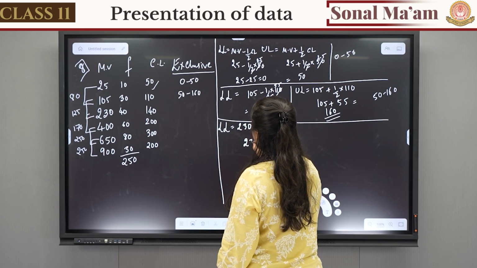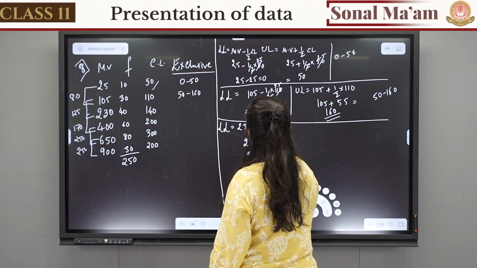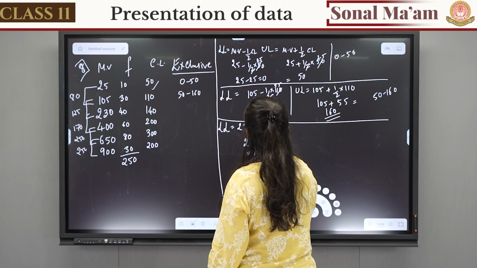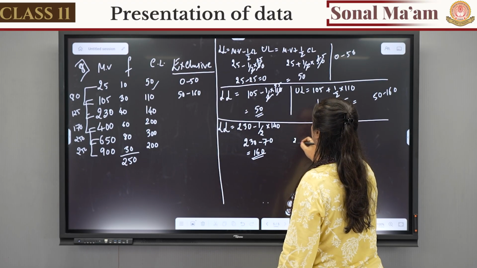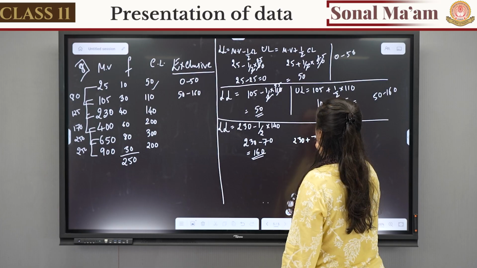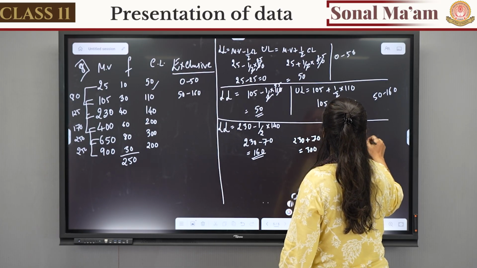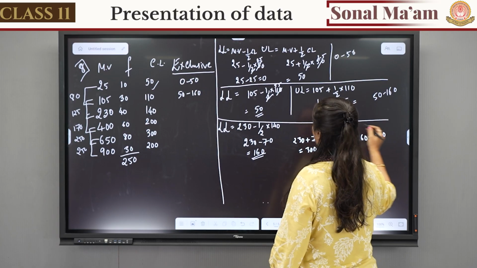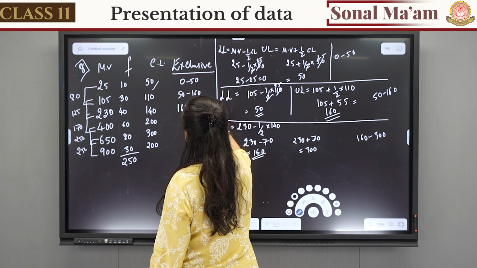So 230 minus 70 will be 160, and here 230 plus 70 will be 300. So we got the next class, 160 to 300.